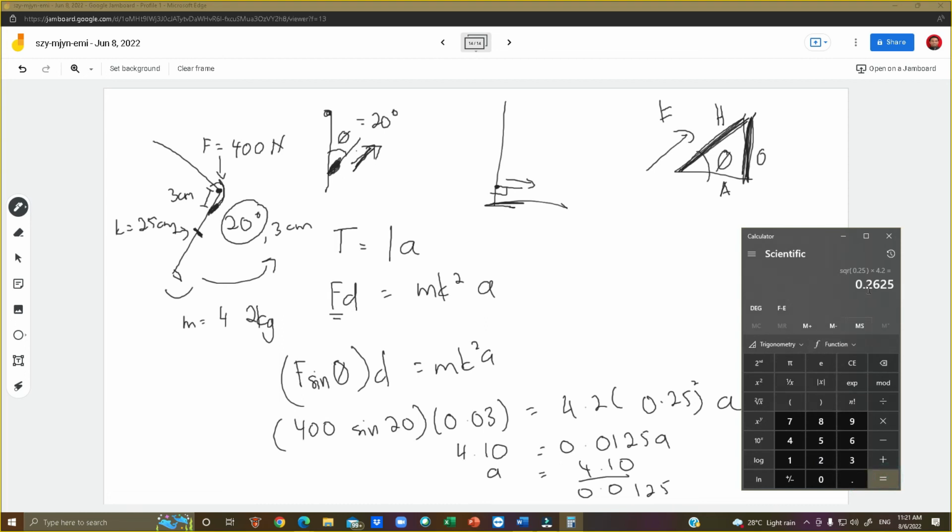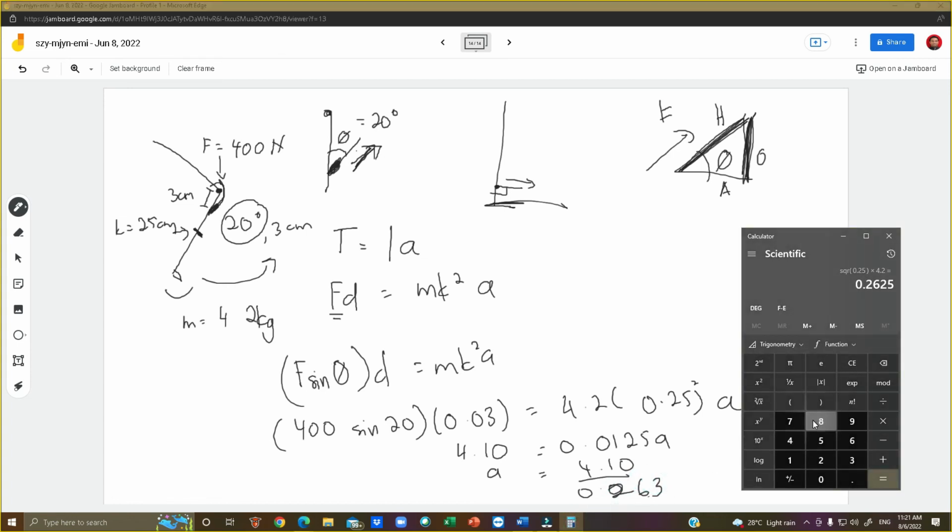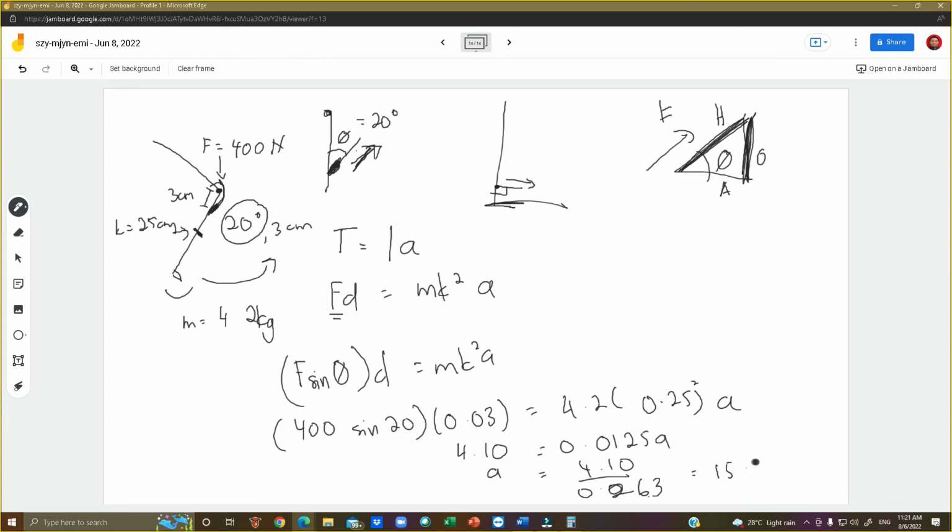Betul. 0.263. Sorry, 263. Okay. So 4.10 divide with 0.263, 15.59 sama dengan 15.59 radian per second square.